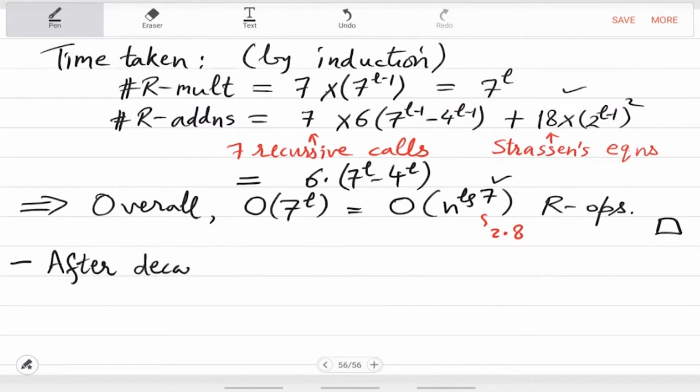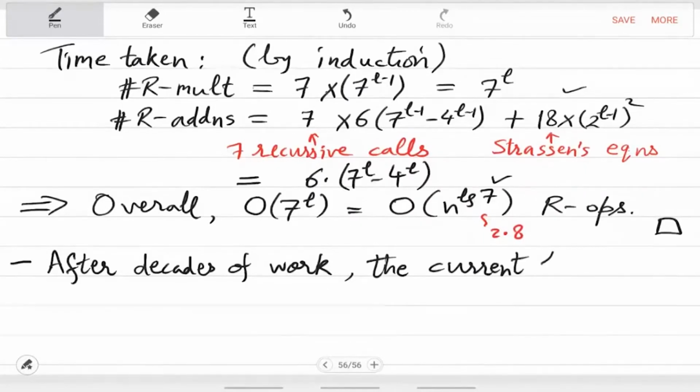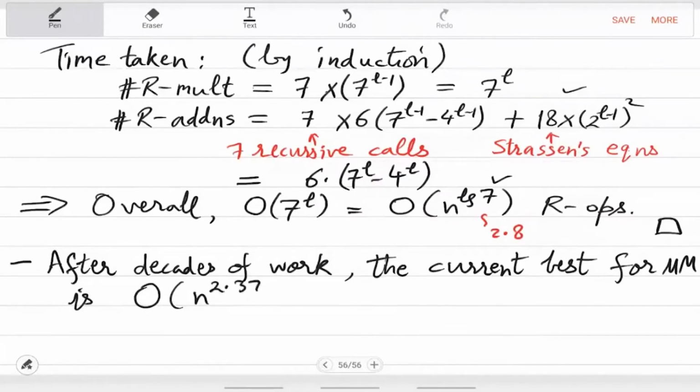So after decades of work, the current best for matrix multiplication is n to the 2.37028639.